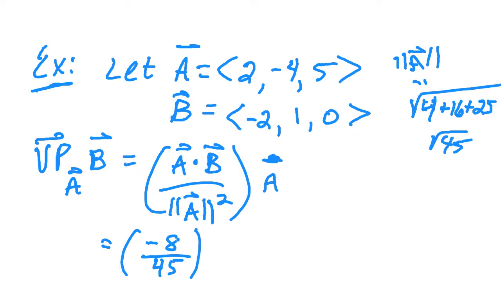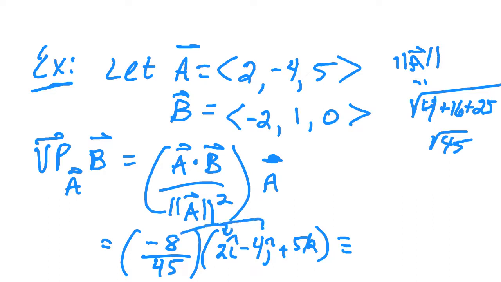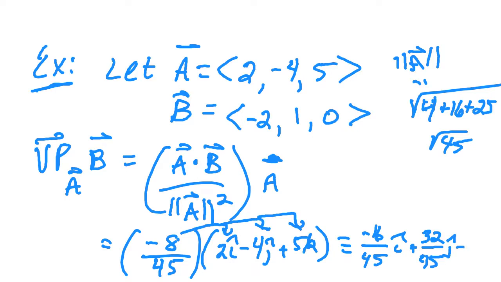I can either write it in vector notation, or I might write it as 2i minus 4j plus 5k. Certainly this is a correct answer, but I could also multiply this scalar times each component, and that would be minus 16/45 i vector, plus 32/45 j vector, sorry, j hat, and then 5 and 45 cancel to 9, so minus 8/9 k hat.